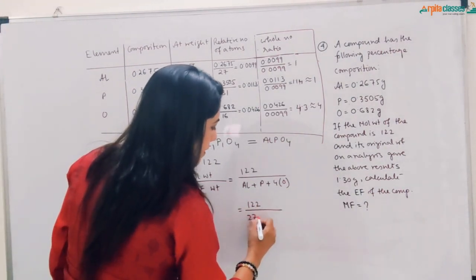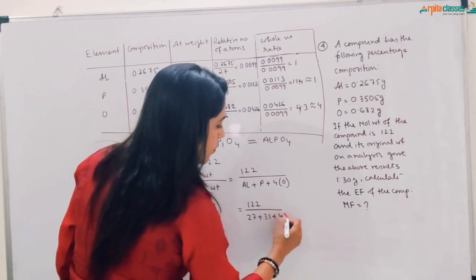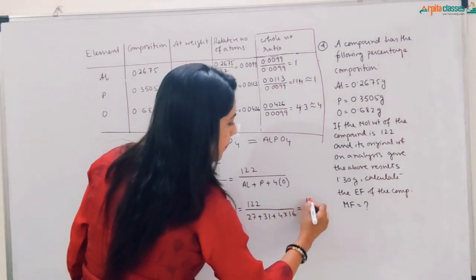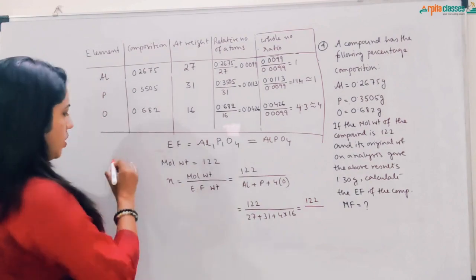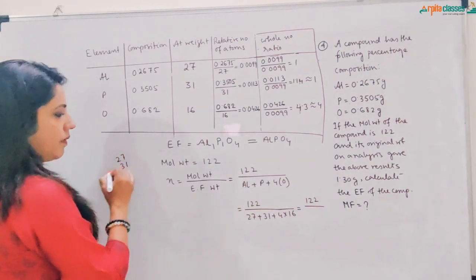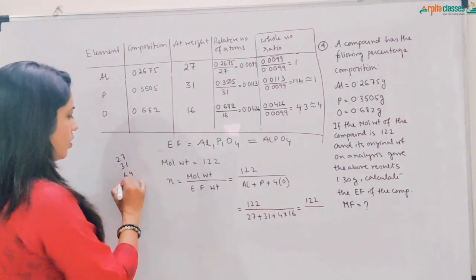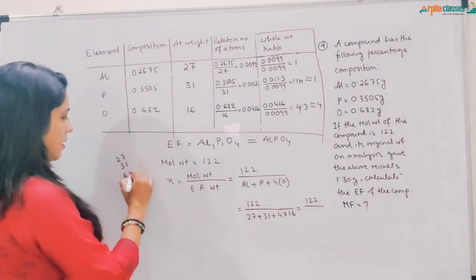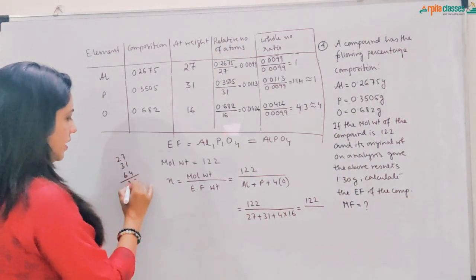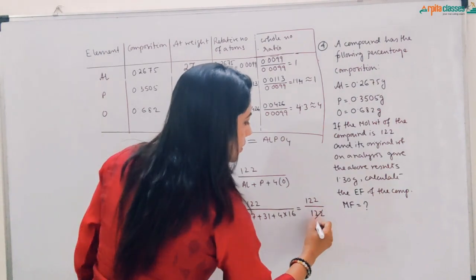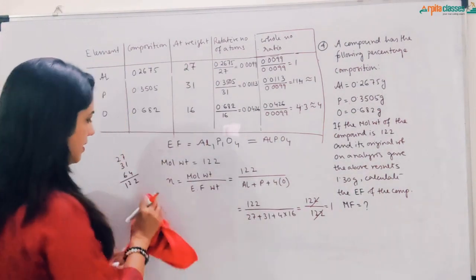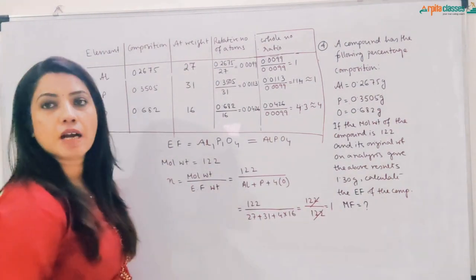Aluminium is 27, phosphorus is 31 plus 4 into 16. That comes 27 plus 31 and 4 into 16 is 64. So that is also 122. So N is coming 1.